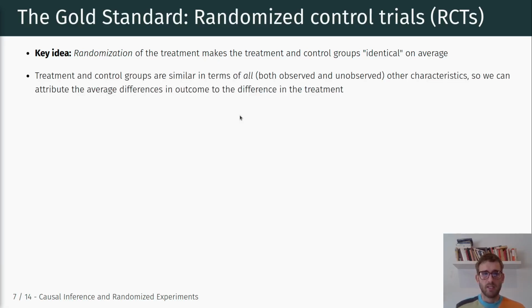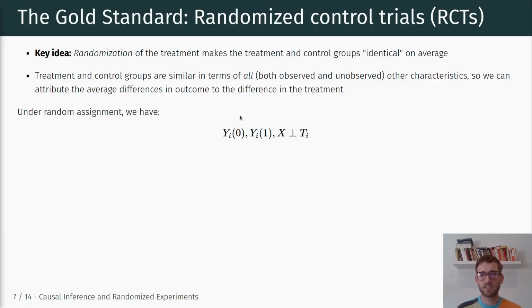Okay. So in other words, if we have randomization and a large enough sample in our experiment, then the treatment and control groups are similar in terms of both observed and unobserved characteristics. So we can attribute the average differences in outcome to the difference in the treatment. Okay.